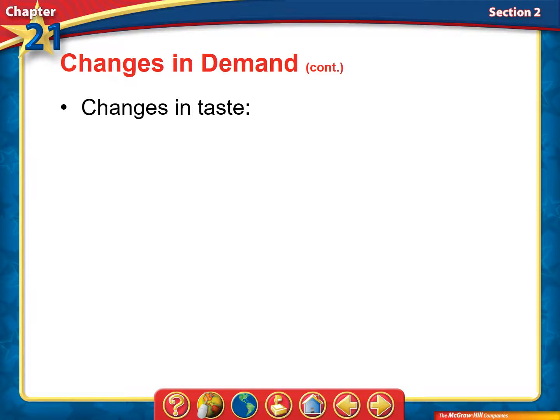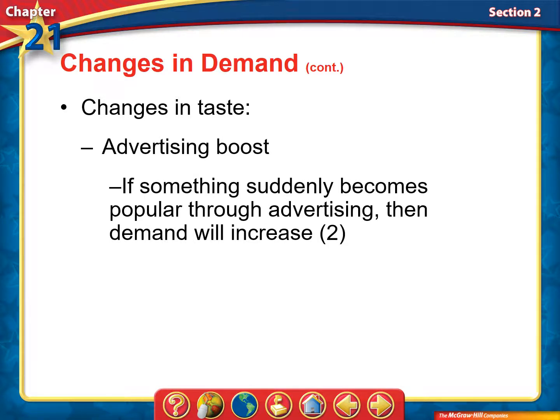Also changes in taste. You know, what we have to realize is that you can actually create a demand for a product. If any of you have been scrolling through your social media feed and you see an ad for something you've never heard of, but you start to see that ad more and more and more, and suddenly you begin to want that thing. I've been guilty of it.